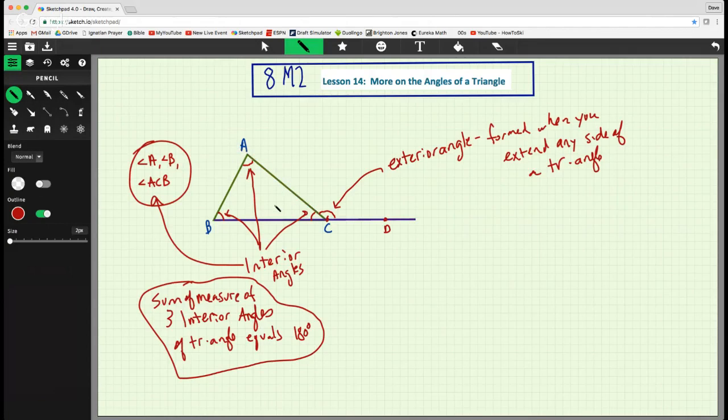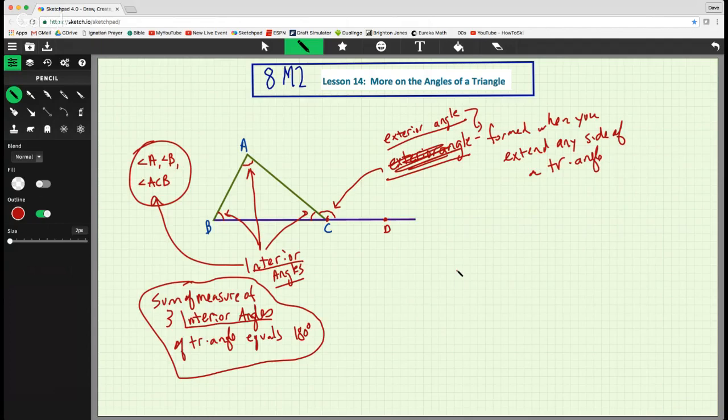But let's get rid of that to not confuse things. So now we've given two of our definitions. We've had interior angles, which we defined before, but an exterior angle is a new word, and that's two words. I kind of ran them together, but it looks more like exterior space angle. Let's make it really clear: exterior angle.